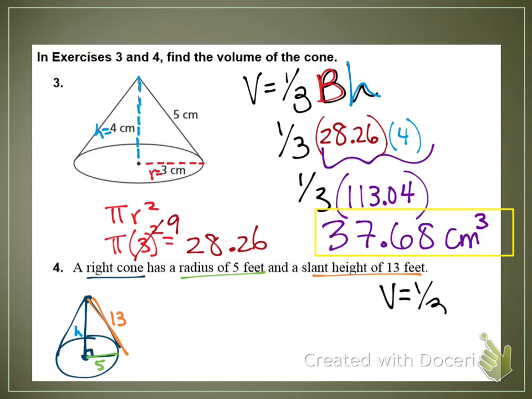Volume is 1/3 area of the base times the actual height. So we don't have what we need. So what can I do to find the length of the height here? Pythagorean theorem. A squared plus b squared equals c squared. So which of these is c? 13. And 5 is b.